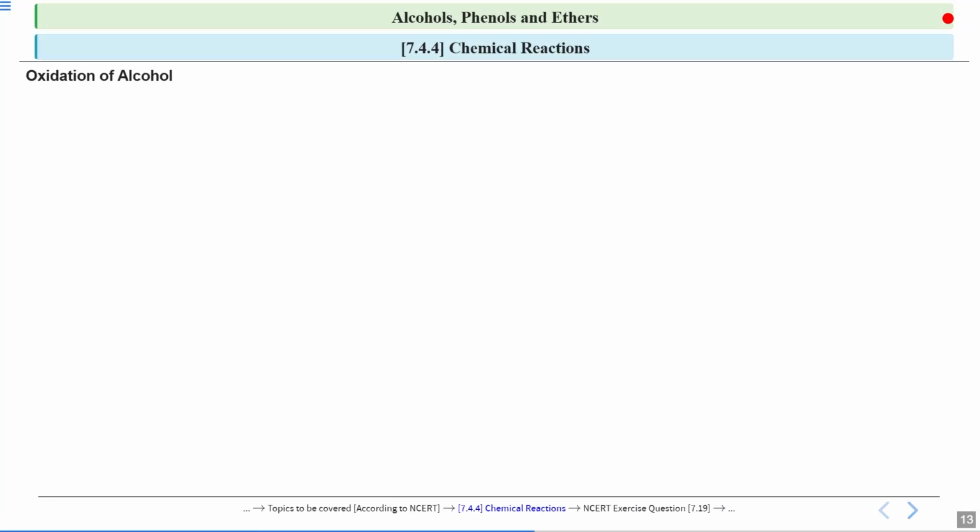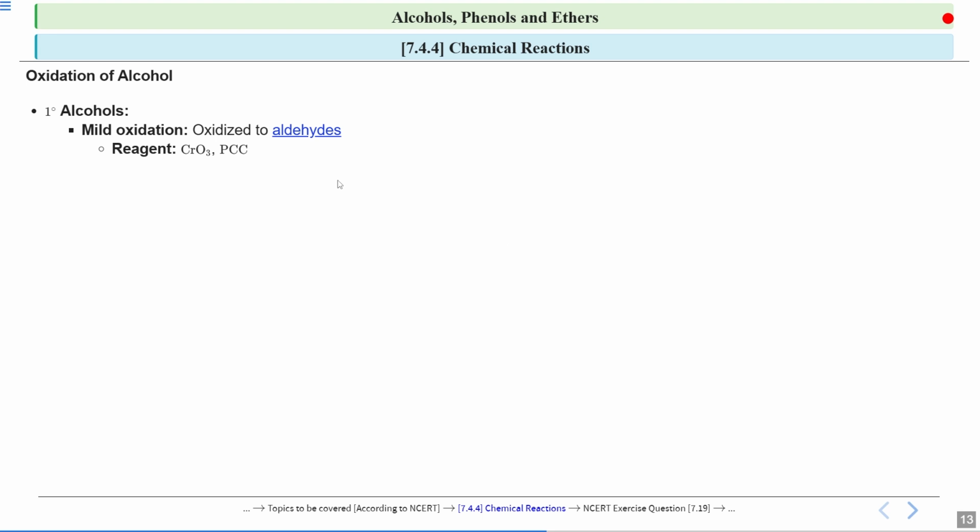Now, if there is a strong oxidizing agent, what do you think it will do? First let's talk about primary alcohol. Primary alcohol is oxidized to aldehyde. We are using mild oxidation here, which means these oxidizing agents are mild. Because they are mild oxidizing agents, primary alcohols will be oxidized to aldehydes, the CHO group.